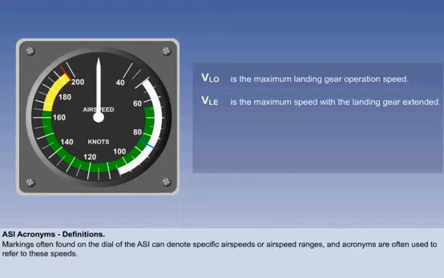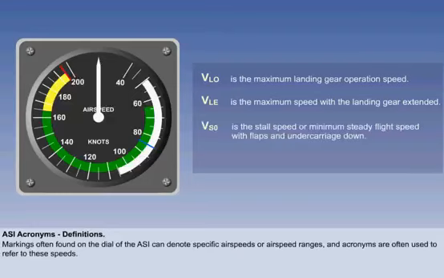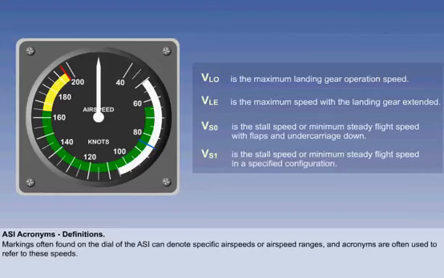VLE. This is the maximum speed with the landing gear extended. VS0. This is the stall speed or minimum steady flight speed in the landing configuration. And VS1, which is the stall speed or minimum steady flight speed in a specified configuration. Note the difference between the definition of VS0 and VS1.